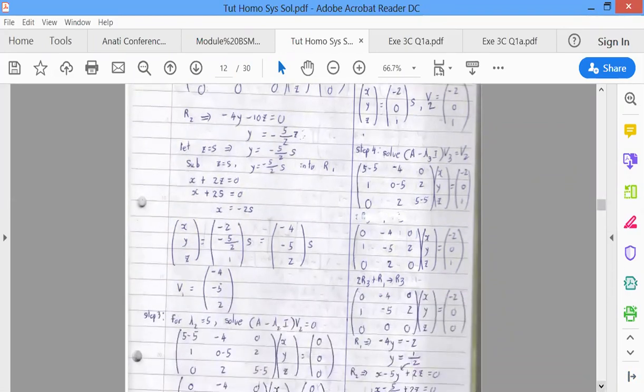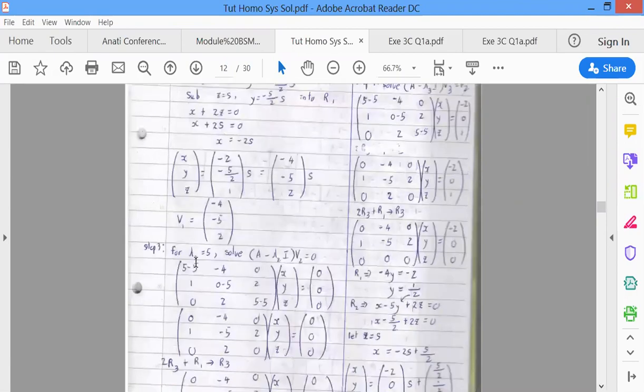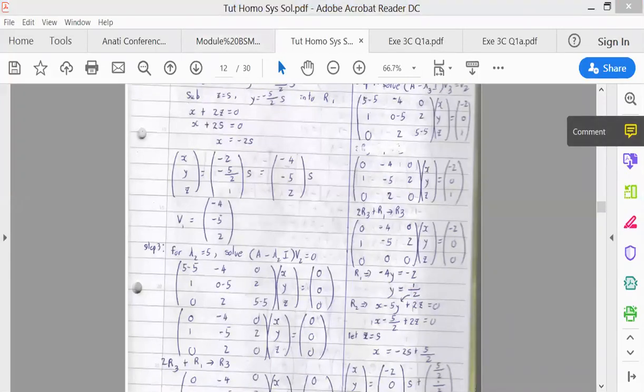Then step 3, you substitute lambda 2. So you obtain V1. Lambda 2 is equal to lambda 3 equal to 5.